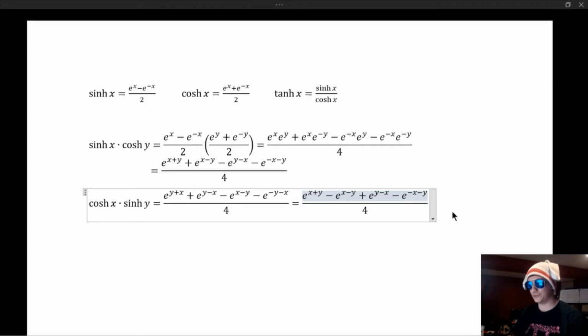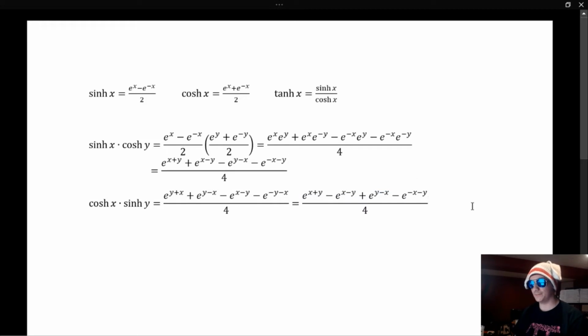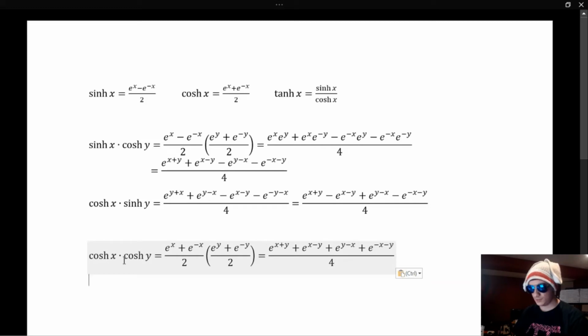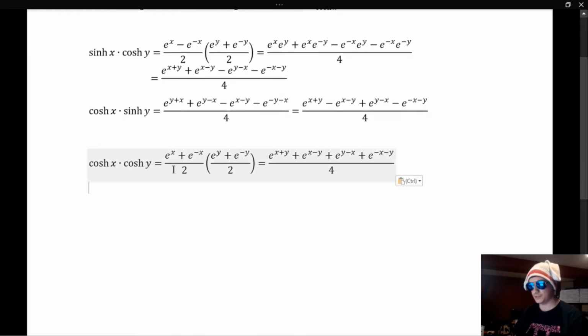Now we're going to multiply each type of hyperbolic trig function with two different variables. So I'm throwing in cosh of x times cosh of y. This is the definition of the multiplication. It's the same algebra as what we've done here, but you're switching around the plus and minus signs.